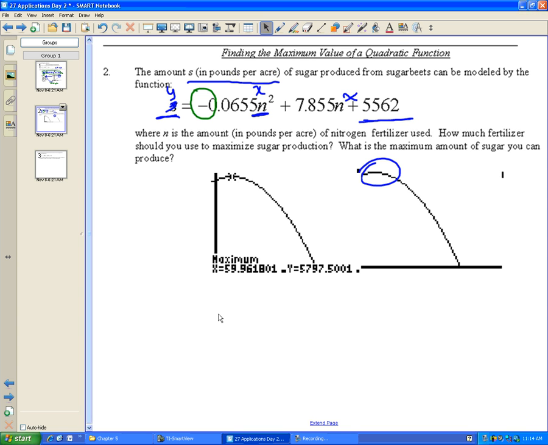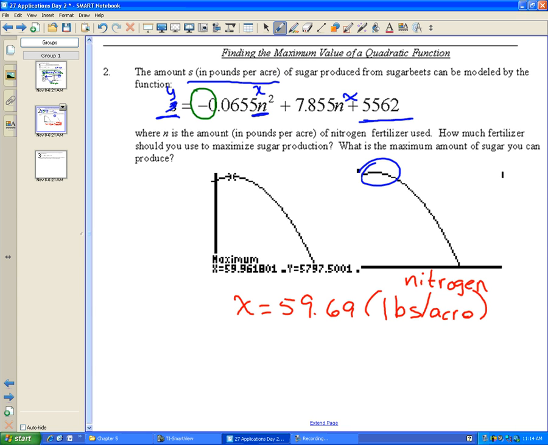Remember, my x was nitrogen. So this is telling me x of 59.96 pounds per acre of nitrogen will maximize my y, which are pounds, which is 5,797.50 pounds per acre, but this is of sugar.